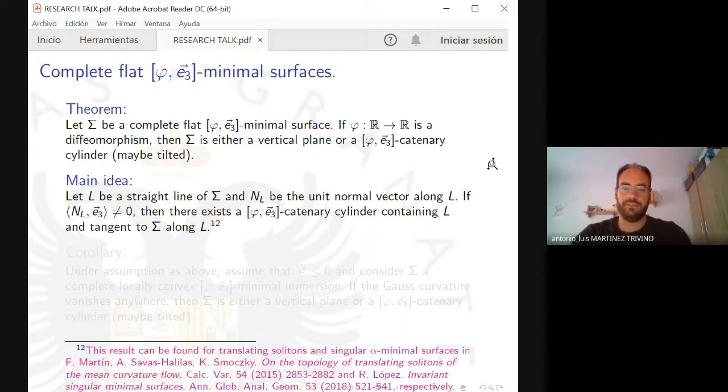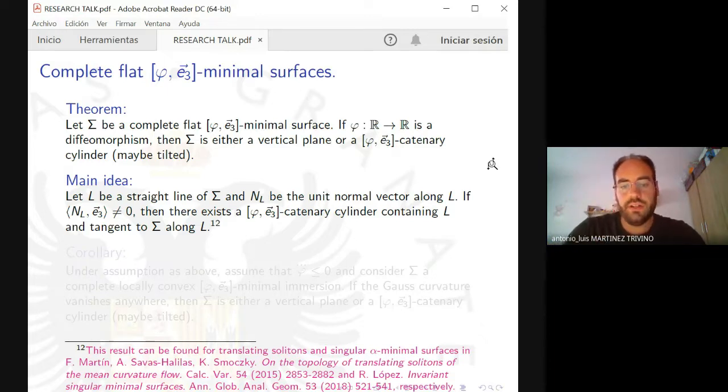The main idea is the following. Because sigma is flat, consider L a straight line contained in sigma, and denote by N the unit normal vector along this line. If the angle function vanishes, then sigma is a vertical plane.